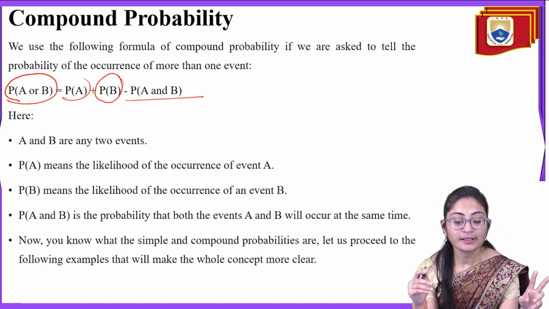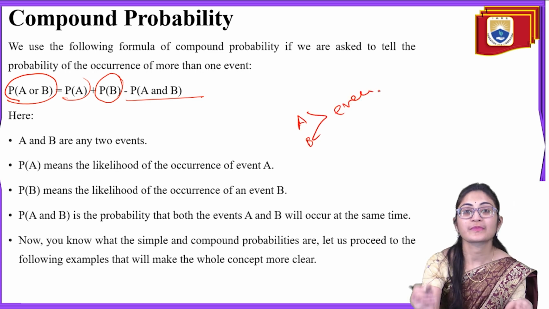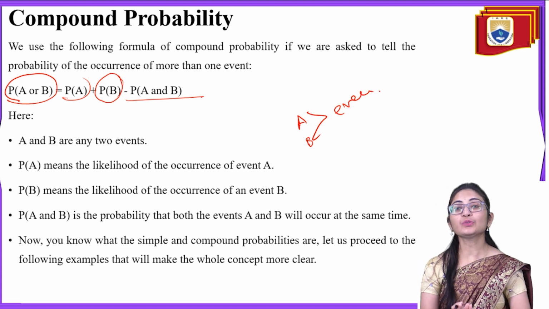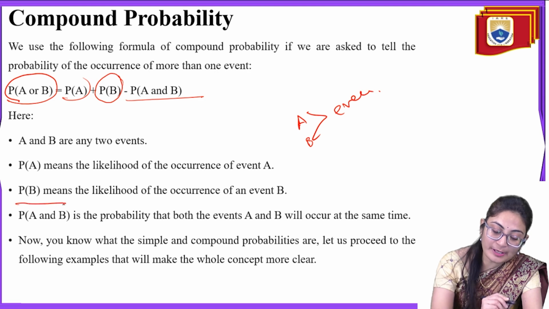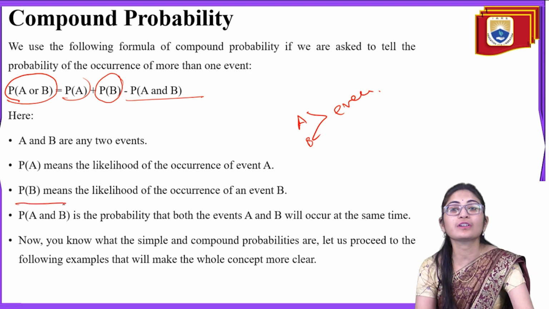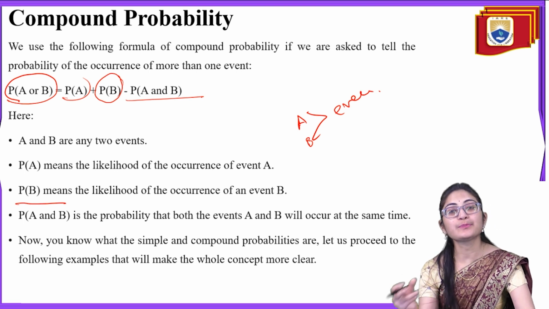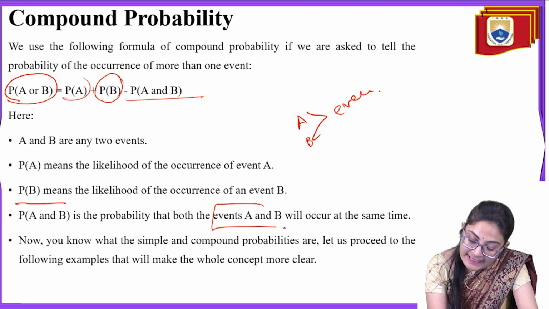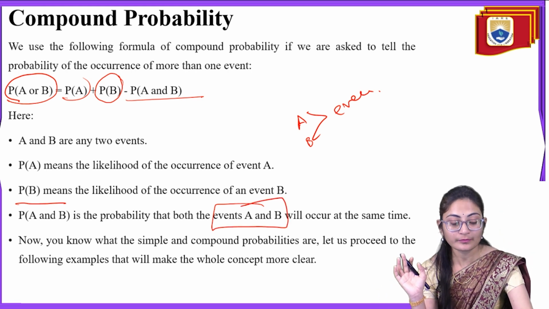Here both A and B are events, and P of A means the likelihood of the occurrence of event A, and P of B means the likelihood of the occurrence of event B. P of A and B is the probability that both the events A and B will occur at the same time.